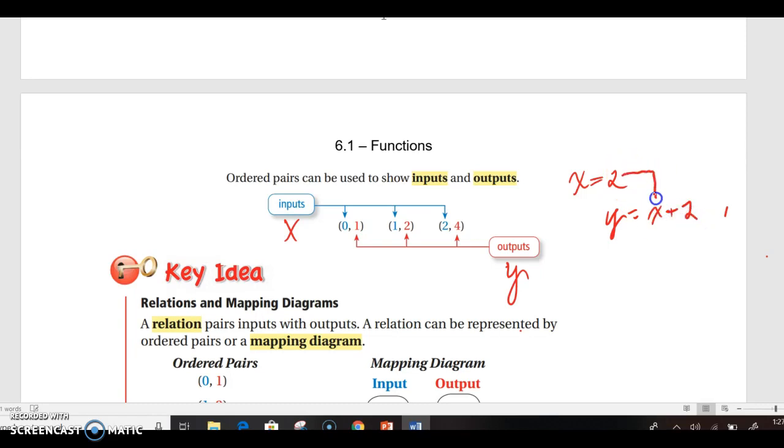So you would take 2 and put it into your function in place of x. So when x is 2, the output value is 4. So when the input is 2, the output is 4, and we can represent that by using an ordered pair, (2, 4).